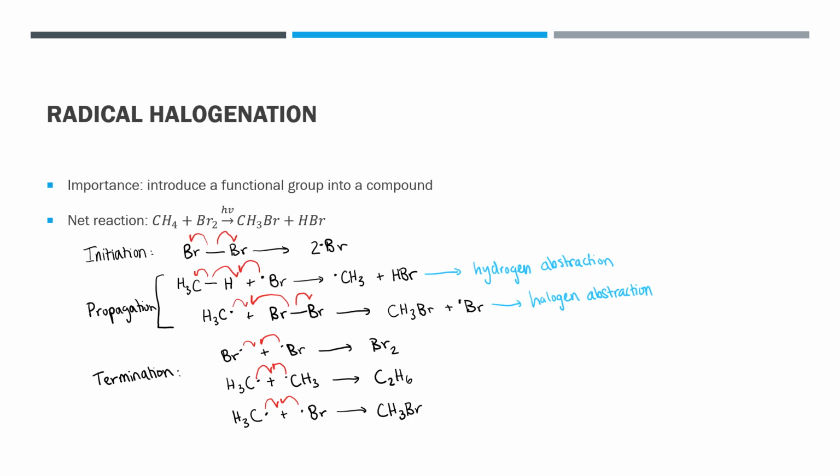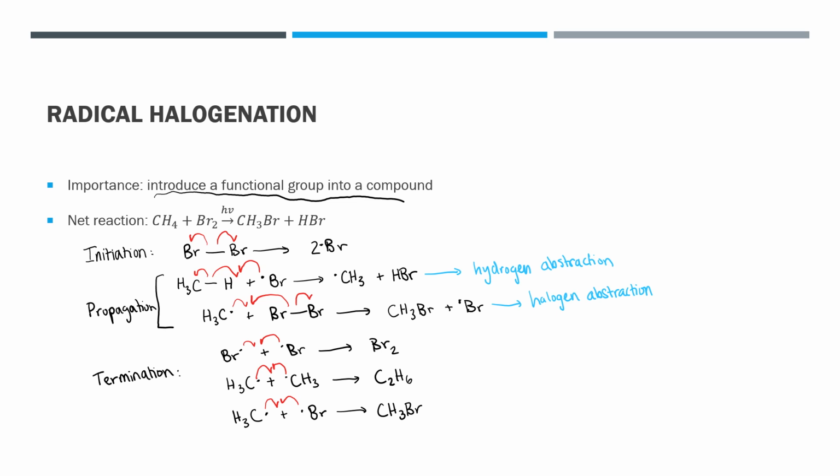Now I want to talk about radical halogenation and its importance in chemistry and organic chemistry in particular. First, the importance of radical halogenation is to introduce a functional group into a compound. And a functional group in organic chemistry is just something we can do chemistry with, right? It's something that's reactive, something that has reactions that we can interconvert to create more functional groups and do interesting things with.